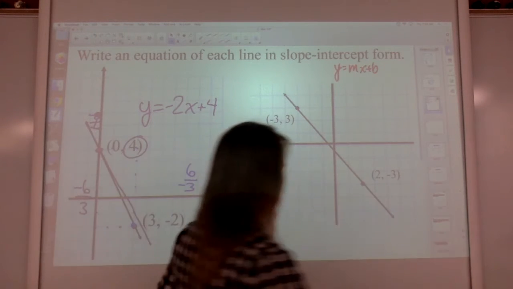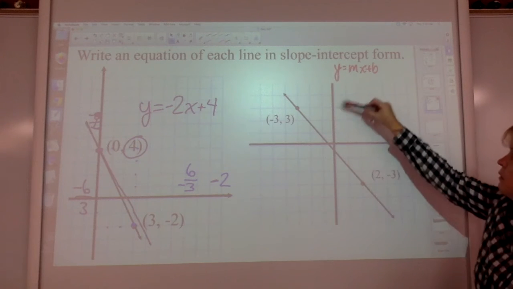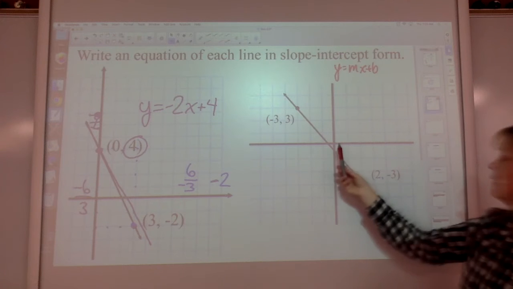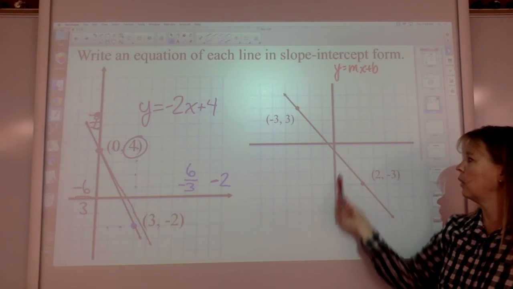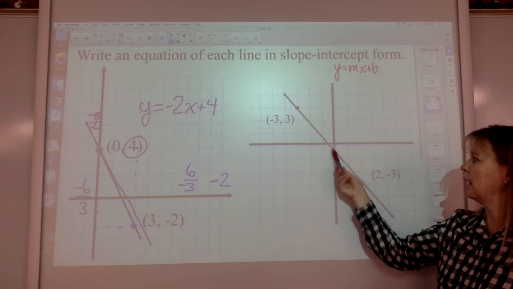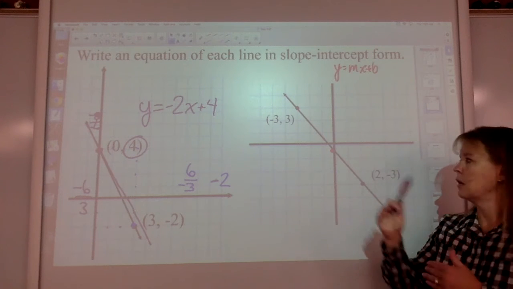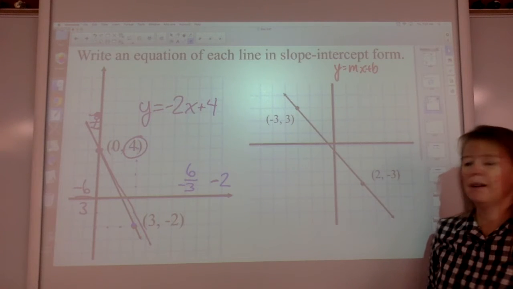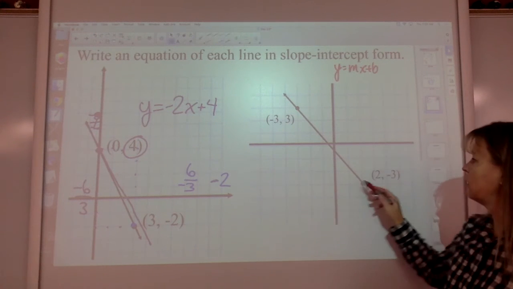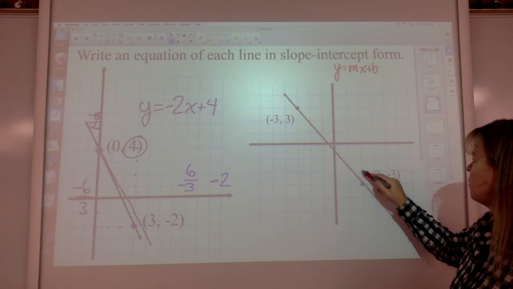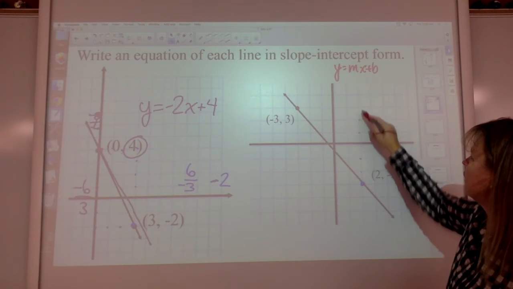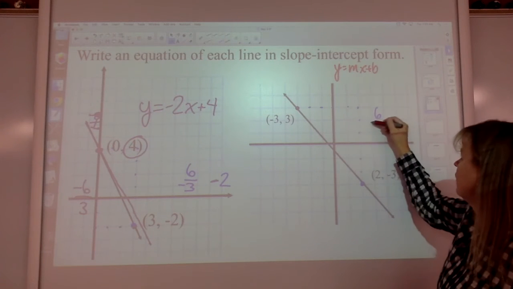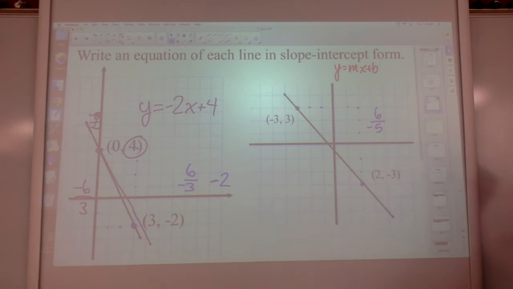Okay, if you take a look at this graph over here, it's going to take a little bit more work. We do not have a y-intercept. We do have a y-intercept. It's not exactly at a perfect whole number, so we'd have to pretty much kind of guess where that is, where it falls between 0 and negative 1. So instead of that, we're going to have to use the formula, but we can still shortcut the slope and count from here up 1, 2, 3, 4, 5, 6, rise 1, 2, 3, 4, 5, run is negative 5.